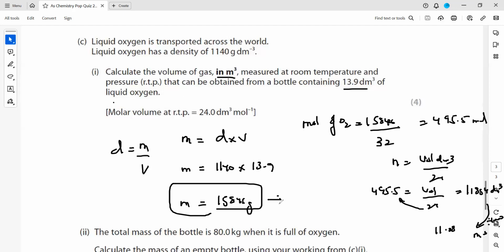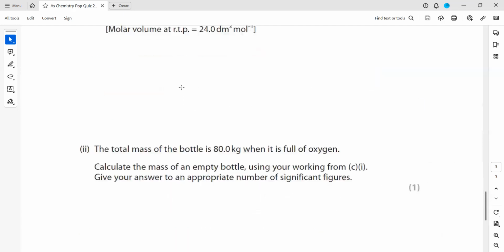15,846 grams, or you can also convert into kilogram. Divide by 1,000, so it will be 15.846 kg. So this is the mass of oxygen. And the total mass of the oxygen plus the bottle is 80.